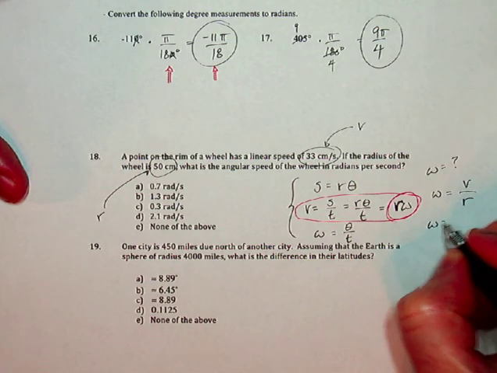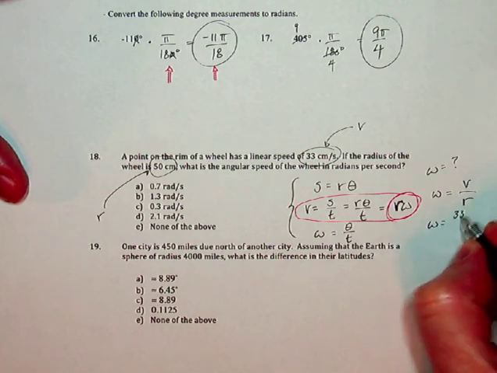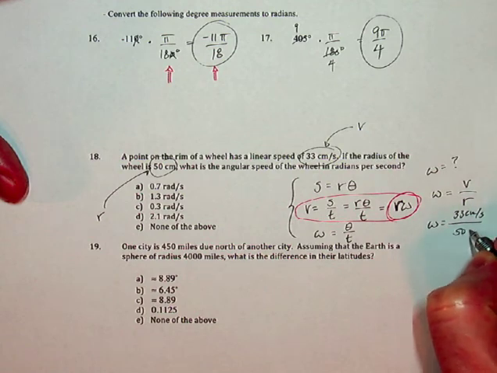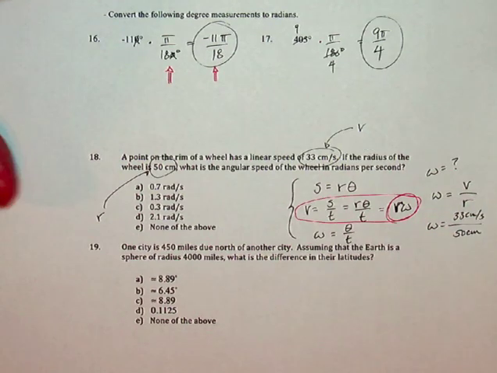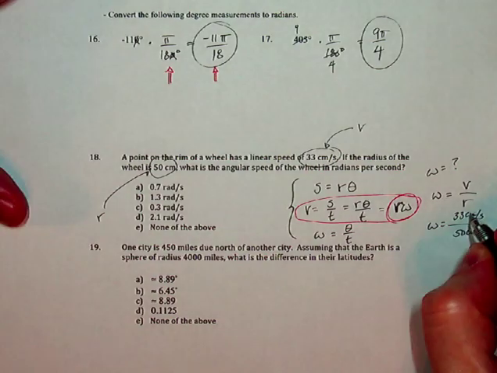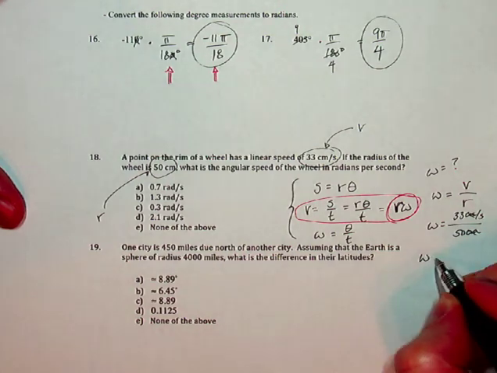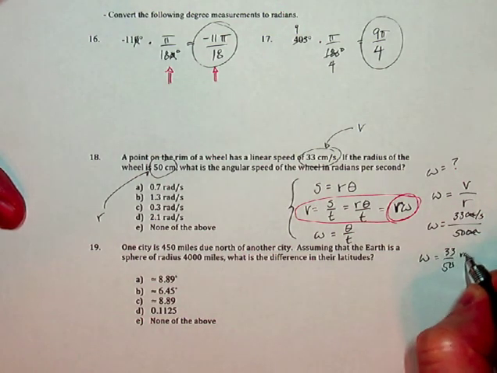Omega in this case is 33 centimeters per second over 50 centimeters. And you can basically reduce that just fine. What you get is 33 over 50 radians per second.